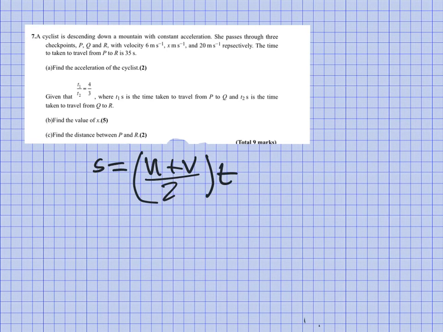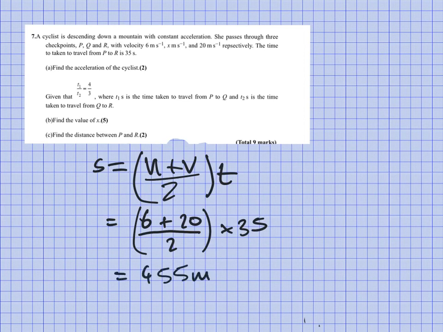So the average speed for this, given that it's got a constant acceleration, is going to be 6 plus 20, the initial speed plus the final speed at R, all over 2, times by the time taken, which is 35, and if you calculate that, we get 455 meters.